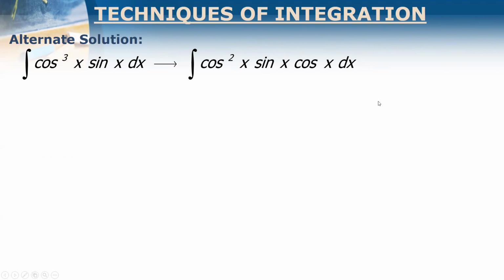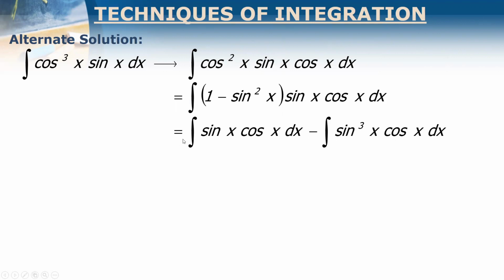So we have cosine squared x, even, because originally it was odd, and then we extracted a cosine x. So the exponent becomes even. So we will replace this one by the trigonometric identity, like this one. And then we distribute.